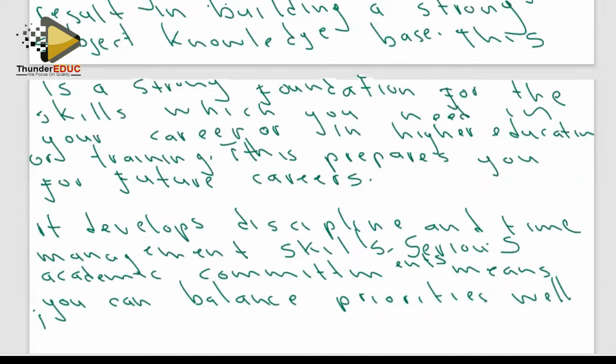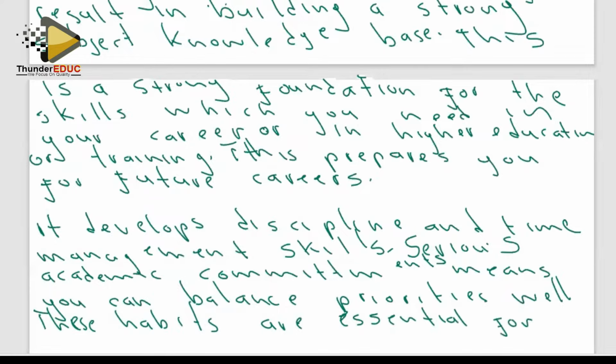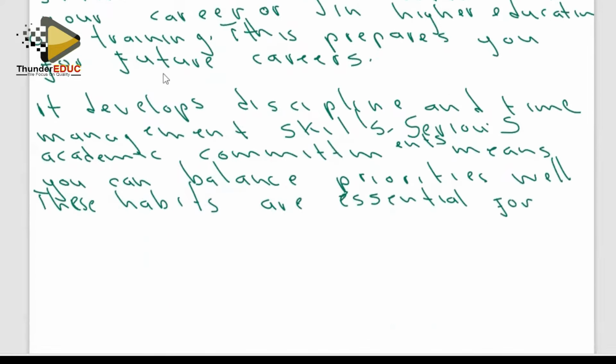These habits are essential for the workplace. The world of work needs people who can prioritize their tasks.